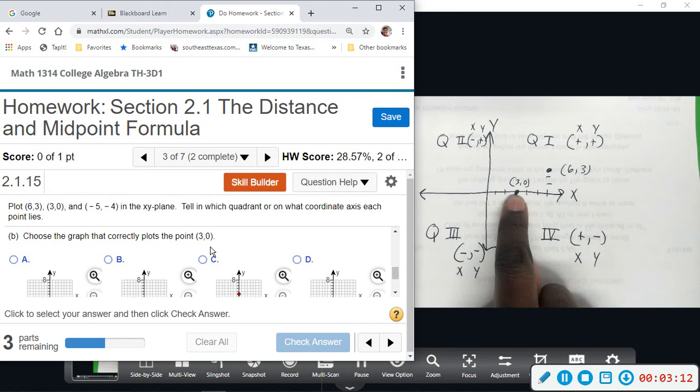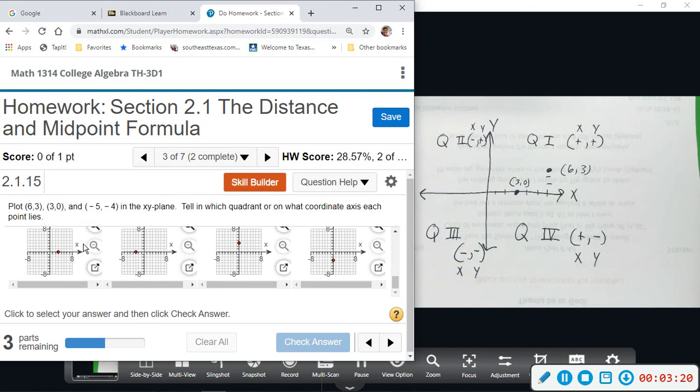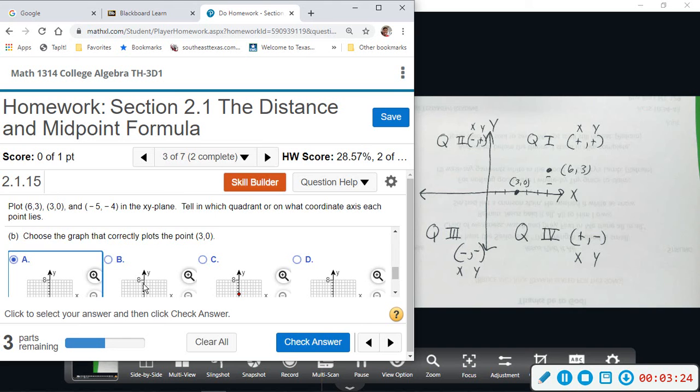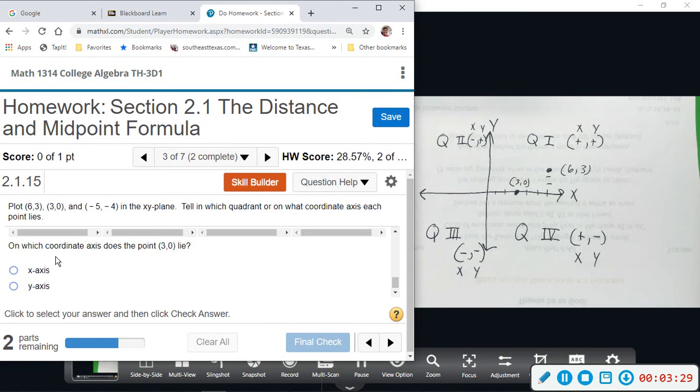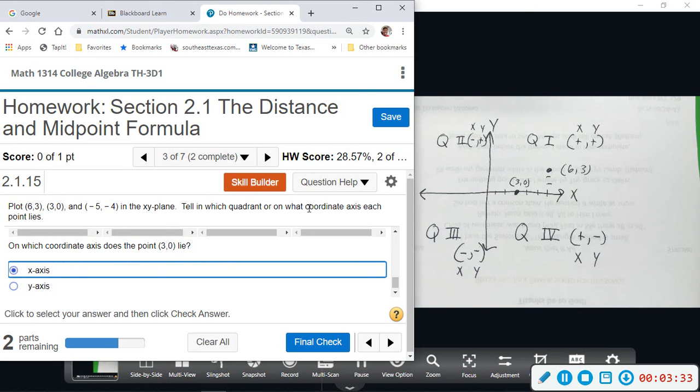Now this is not in any quadrant, it's right on the x-axis. Okay. So we're going to find that graph. Again, looks like graph A best matches. And on which axis does this point lie? It is the x-axis. We can see here.